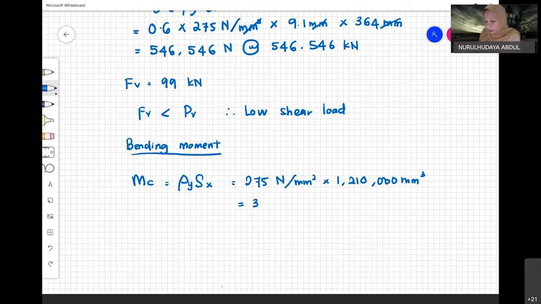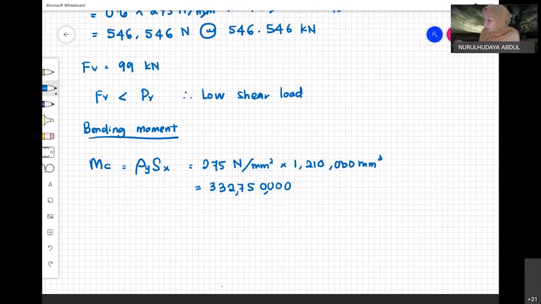Here I get 3, 2, 7, 5. Like this. So here this is in Newton millimeter. This cancels out, this one is left. Then we convert it into kilonewton meter. You will get 332.75 kilo, divide by 1000.